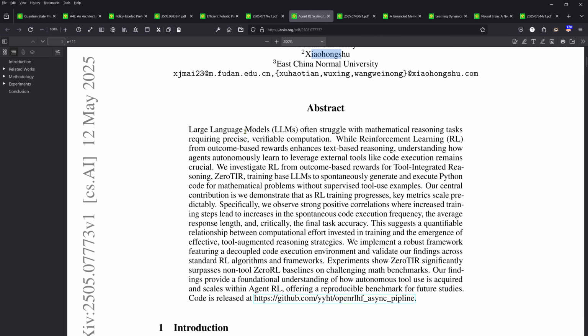And they tell us, LLMs struggle with mathematical reasoning tasks requiring precise, verifiable computation. And while reinforcement learning from outcome-based rewards enhances the text-based reasoning, understanding how the agent autonomously learns to leverage external tools like code execution remains crucial, and they examine this. And the central contribution is we demonstrate that reinforcement learning process key metrics scale predictably.